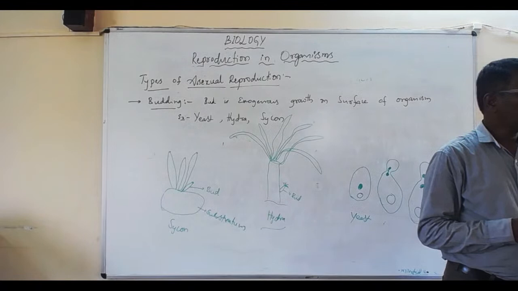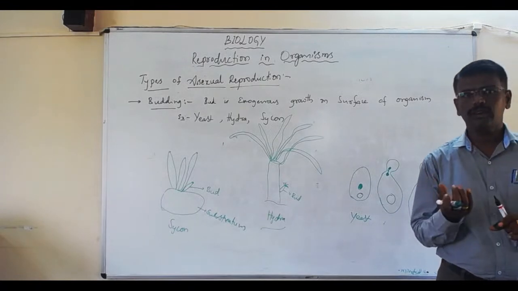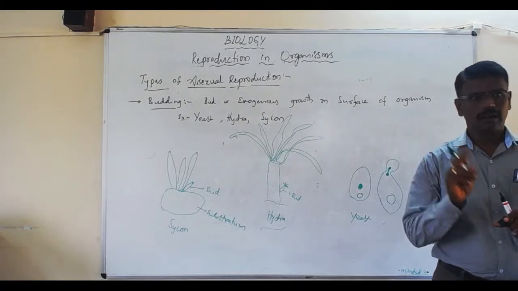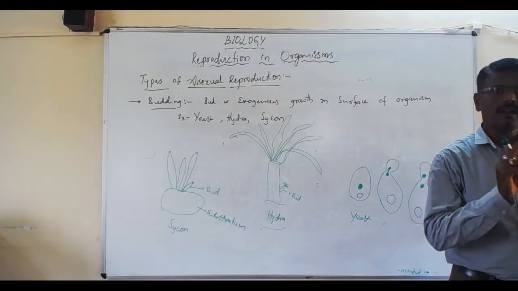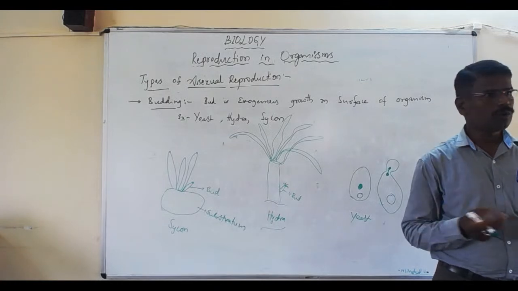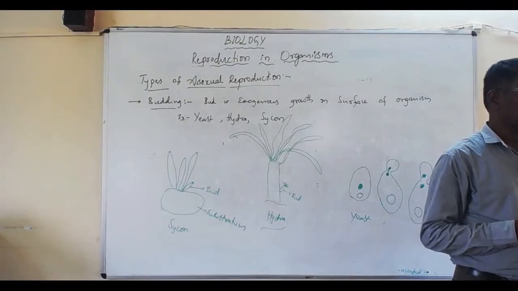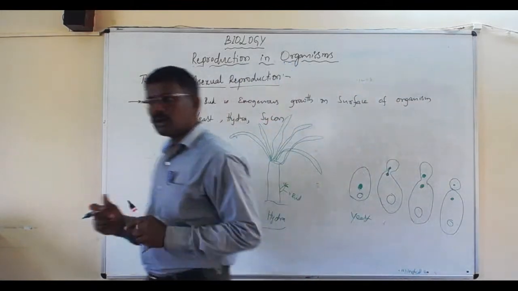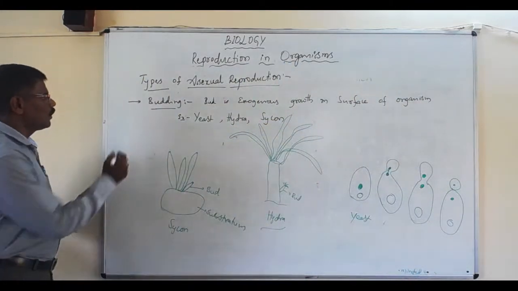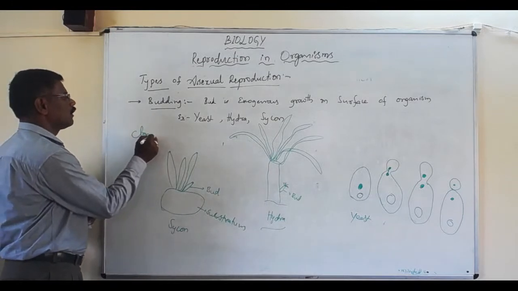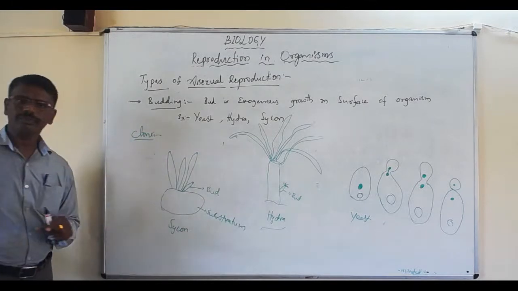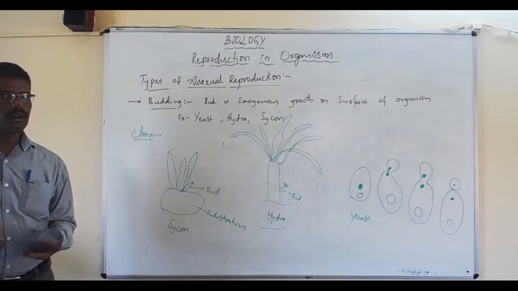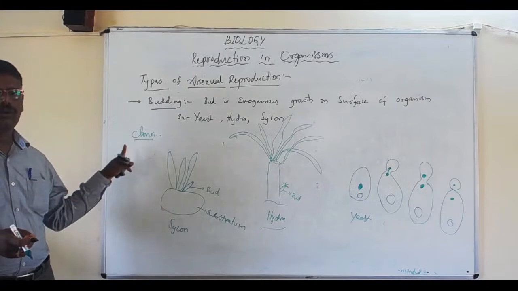Why the same? Because all these organisms get the nuclear material from a single organism. There is no change of genetic material. Got it? That's why these organisms are called clones. The offsprings of asexual reproduction are called clones.